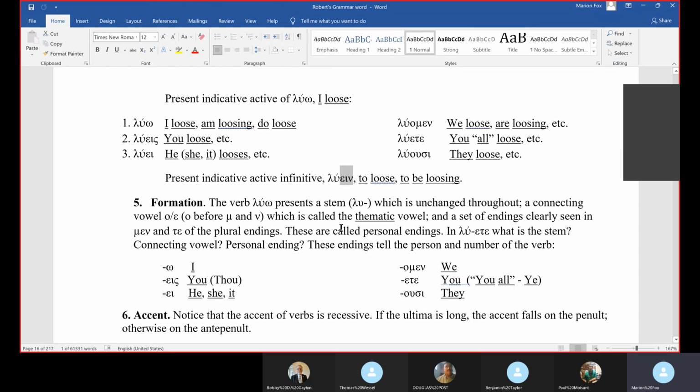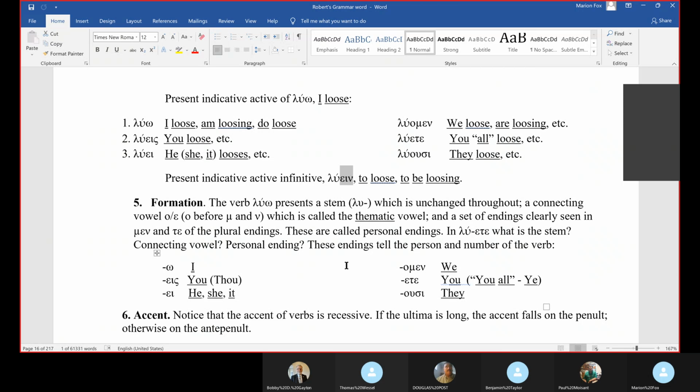The ain ending is an infinitive ending. So we have the endings for the present indicative active of omega verbs: omega, o, ace, a, omen, ete, usi, and then ain, epsilon iota nu, is the present tense infinitive, "to loose" or "to be loosing." Any questions?